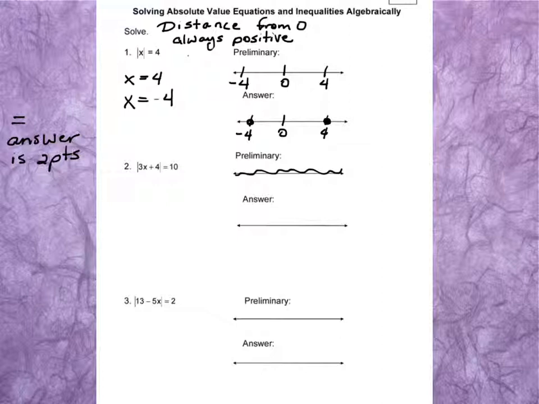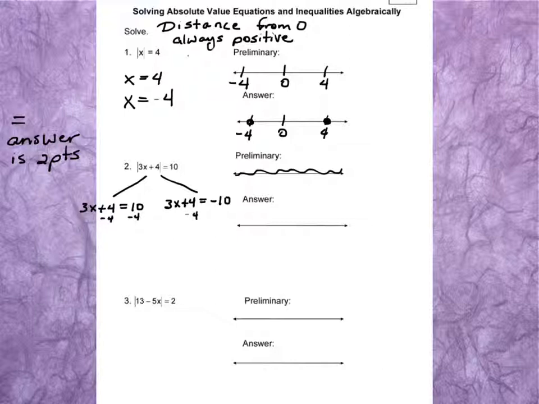The way you set up absolute value equations, because there's a positive choice and a negative choice, you set up two equations. One, just take away the absolute value marks and write the equation just like it is without the absolute value marks. And the second equation, you take away the absolute value marks and it equals your negative answer. So 10 and -10, both of them have the 3x plus 4. Then you solve it. Subtract 4 from both sides here and here.